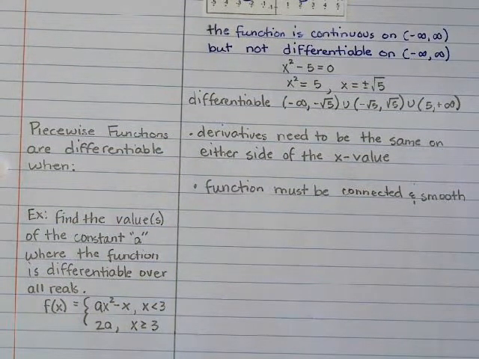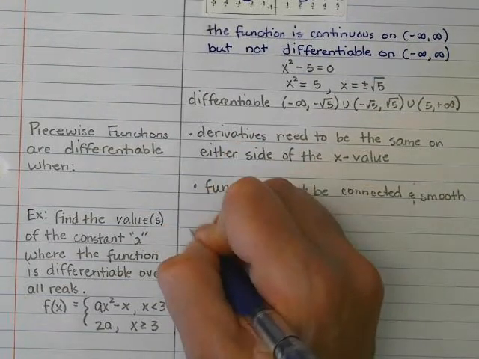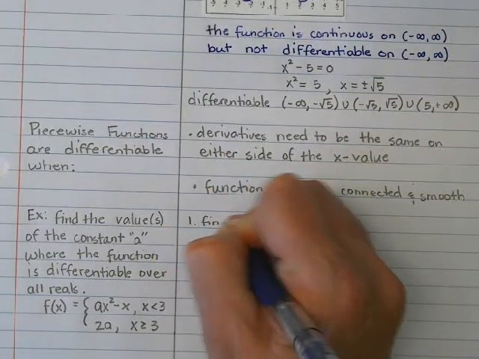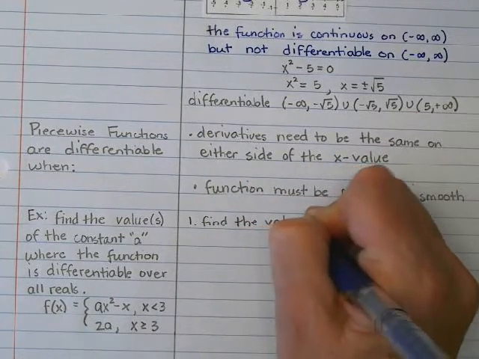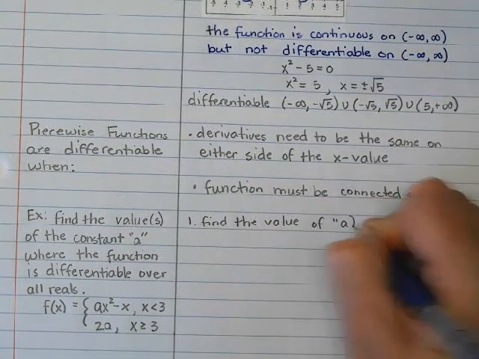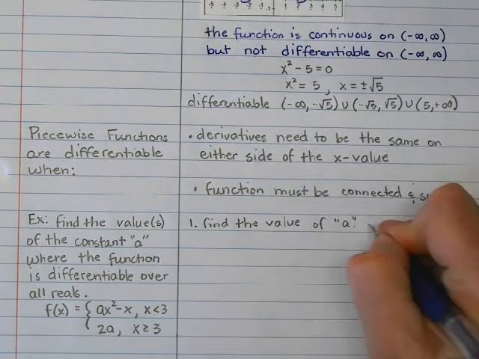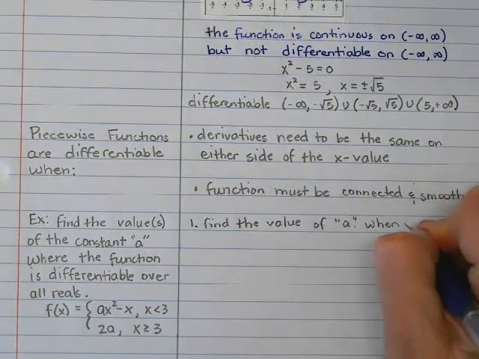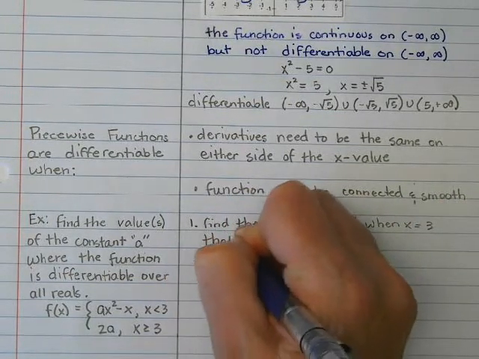Okay, so we said that this has to hook up, or it has to be smooth and connected. So let's start with that. We're going to find the value of A when x equals 3. That will ensure the pieces hook up.